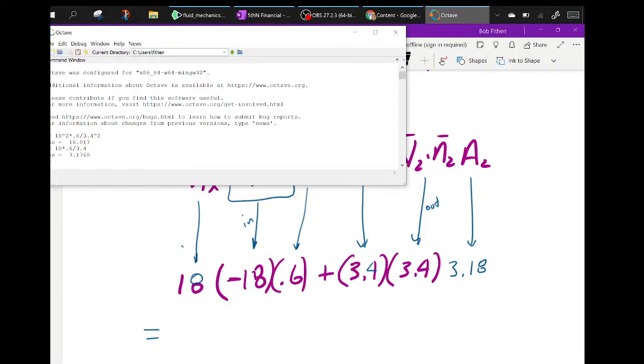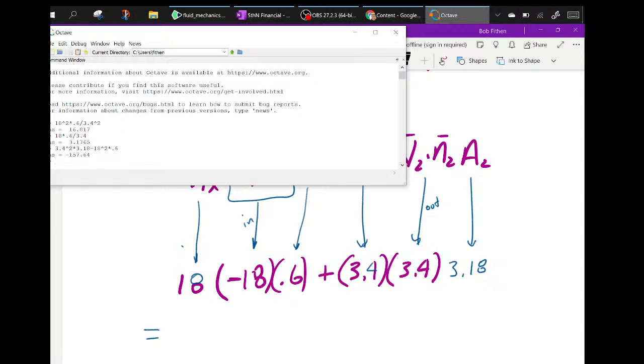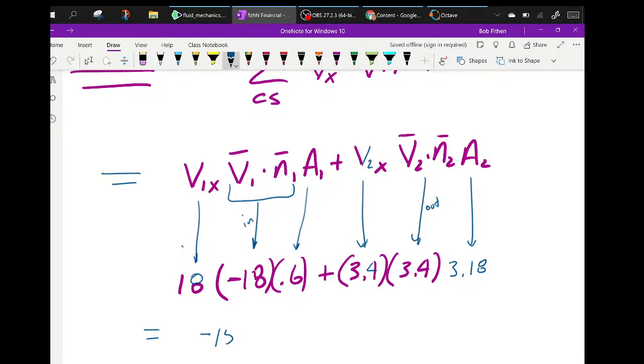So 3.4 squared times 3.18 minus 18 squared times 0.6 gives me minus 157.64.